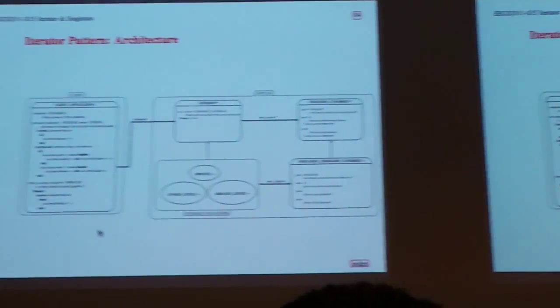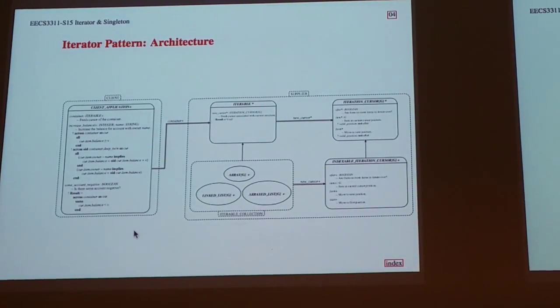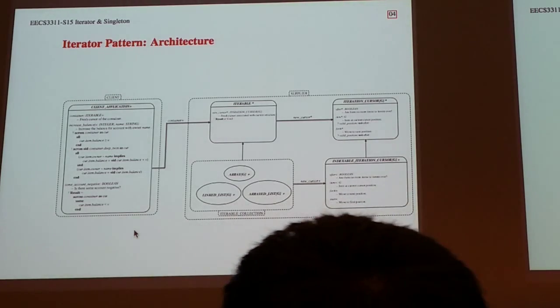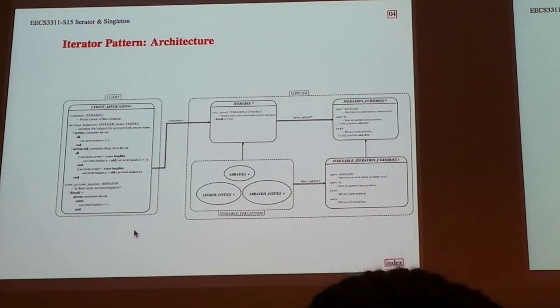So what do we have for the iterable? There's one single feature in the iterable, which is called new cursor. That's why I said we want to access the business objects here in a linear fashion. We want to return a cursor to let us walk through these lists linearly, one by one, for the clients. That's a completely different view as opposed to the supplier.